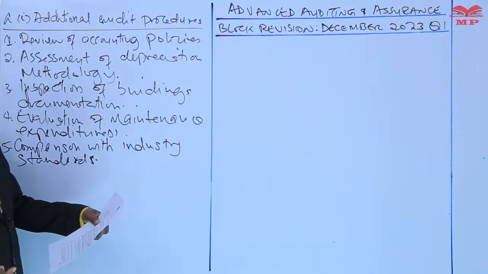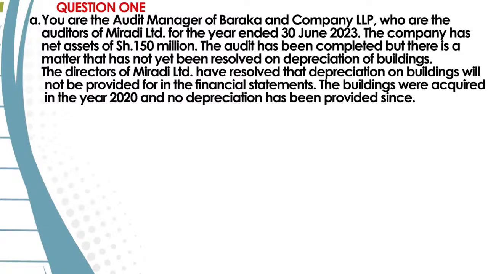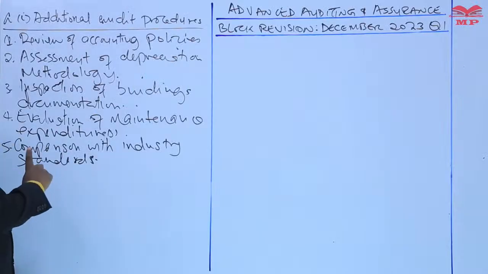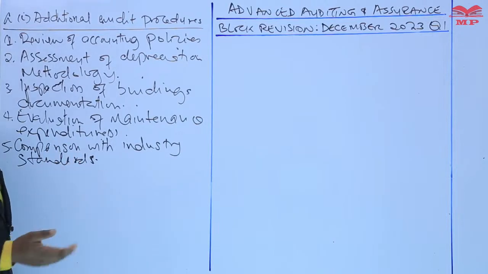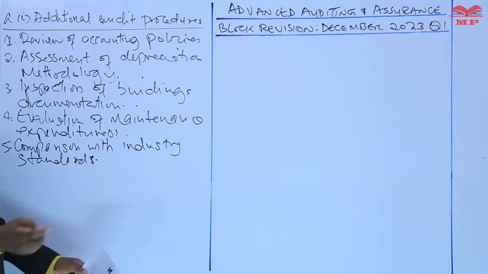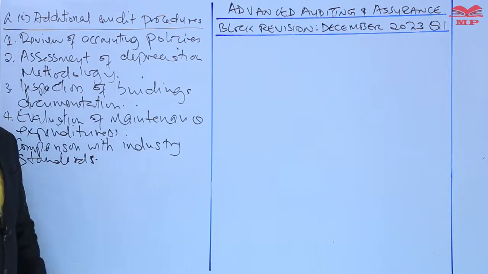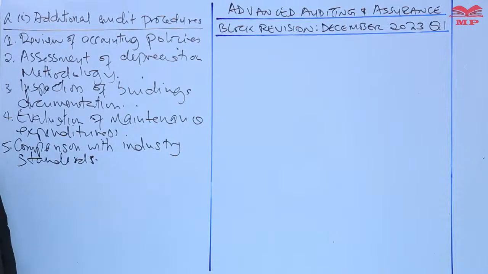So this is Miradi Limited. We are not given information on the industry in which this company operates, but whatever industry it is, whether it is a banking industry or agriculture industry or whatever industry, the auditor should benchmark the practices within the industry vis-a-vis what the company is currently doing in relation to buildings.